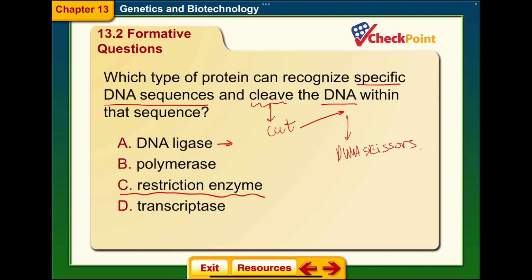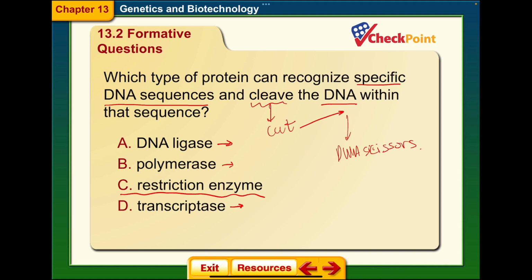DNA ligase will glue our DNA fragments together. Reverse transcriptase reverses our RNA to DNA, and then DNA polymerase is what's going to add our nucleotides.